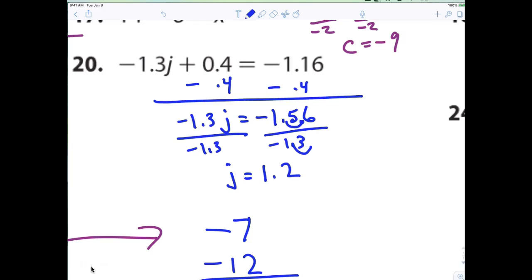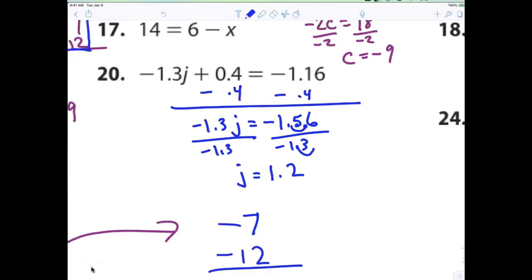So you're correct, 1.2. Oh, that's what it says something different on the solution for number 20. Are you sure? Everybody should be using the solutions. Everybody. You good now? All right. That's a good job, Carter.